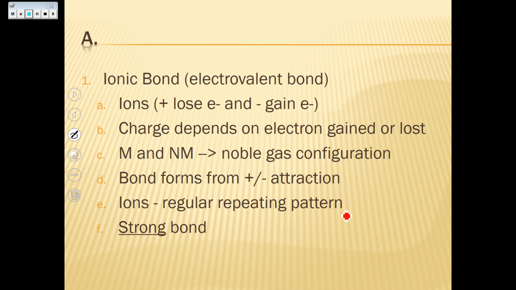The metal and the nonmetal are always going to have a noble gas configuration, which means that when they gain or lose electrons, their configuration of electrons in their shells will be the same as its nearest noble gas. The bond forms from the positive and minus attraction between the positive and minus ion. Ions have a regular repeating pattern, and there is a very strong bond between the positive and negative charges that form.